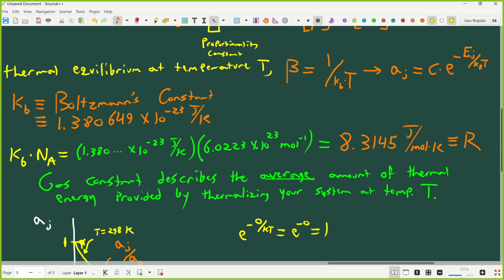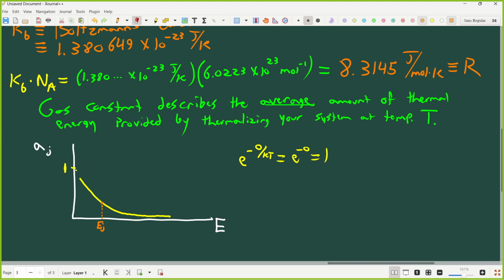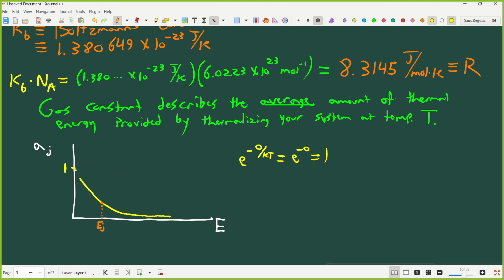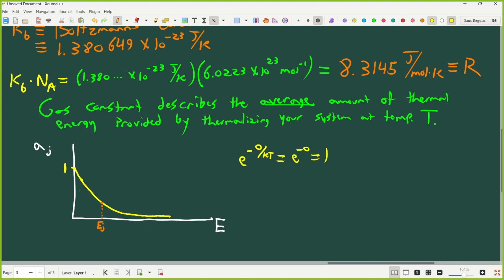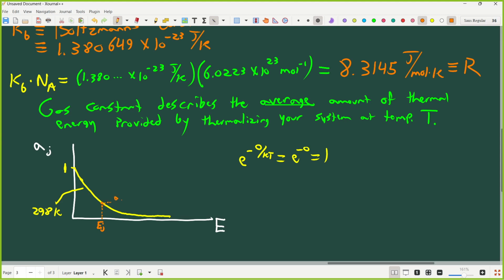As we increase the temperature, I'm going to clean up this plot just a bit and rewrite everything to have some space. So this is 298 Kelvin, and this point right here is A_j over A_0.